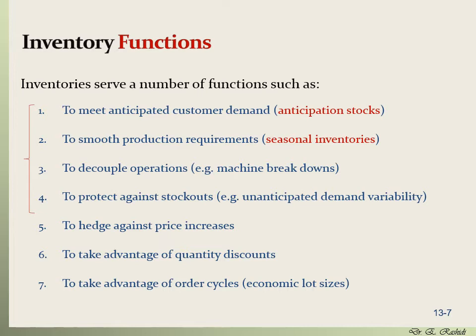And the manufacturers put these inventories in stock based on the anticipated demand. And then when the demand arises, they're going to fulfill it. So these types of inventories are referred to as anticipation stocks because they are held to satisfy expected demand, the average demand based on the forecast for the demand in the future.